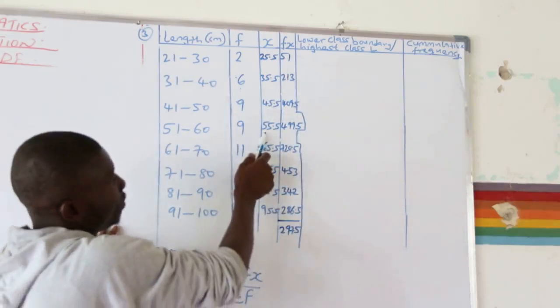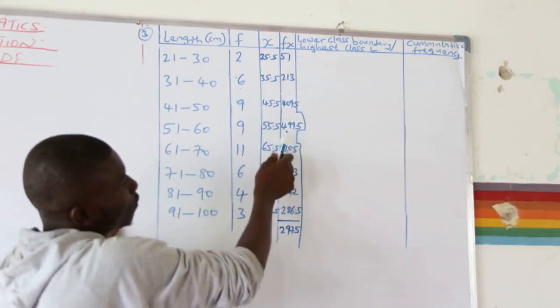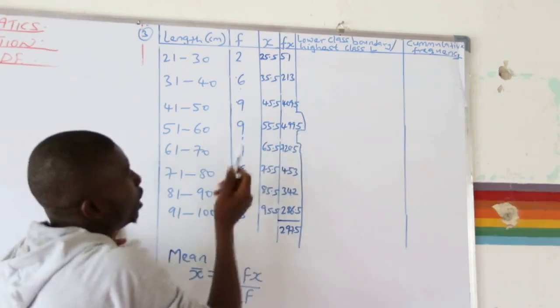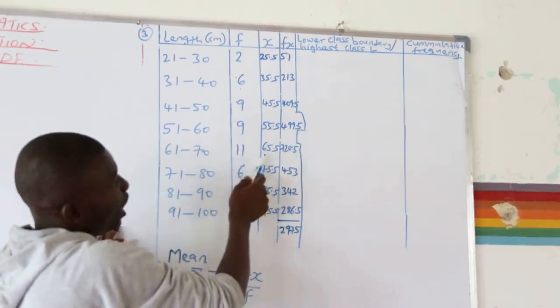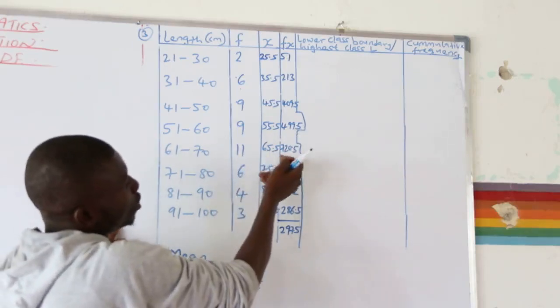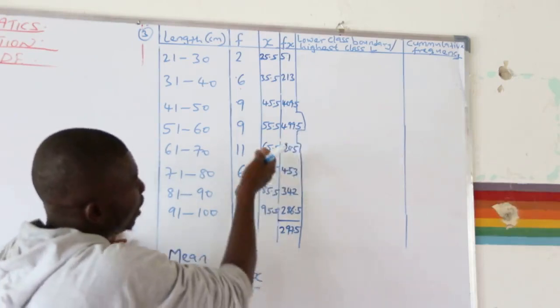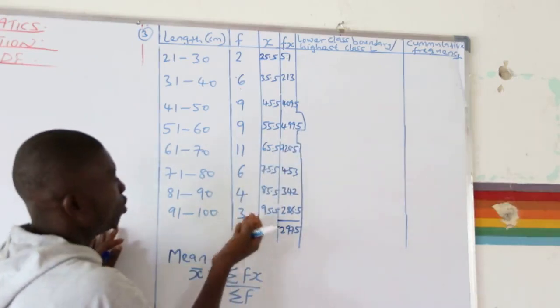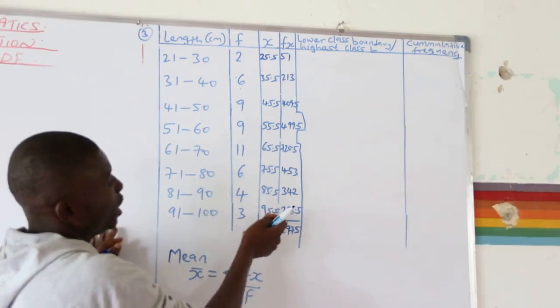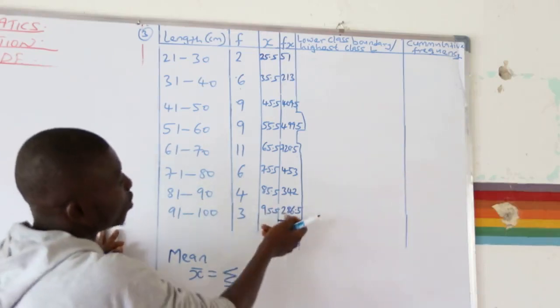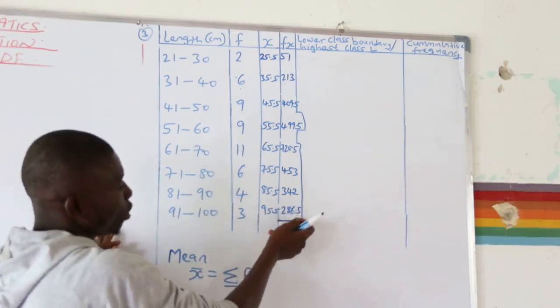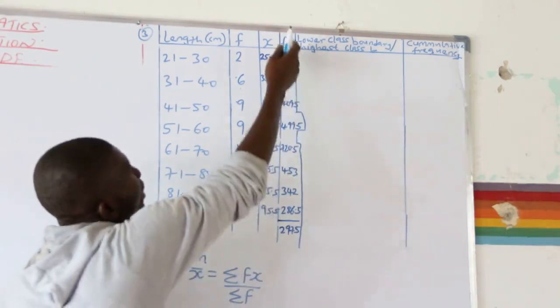Multiply 9 times 55.5, it gives 499.5. Multiply 11 times 65.5, it gives 720.5. Likewise for the remaining ones, up to the last, 3 multiplied by 95.5, which gives 286.5.